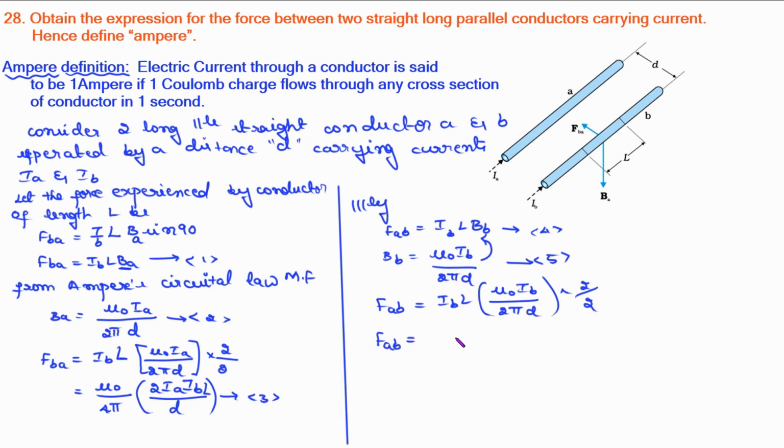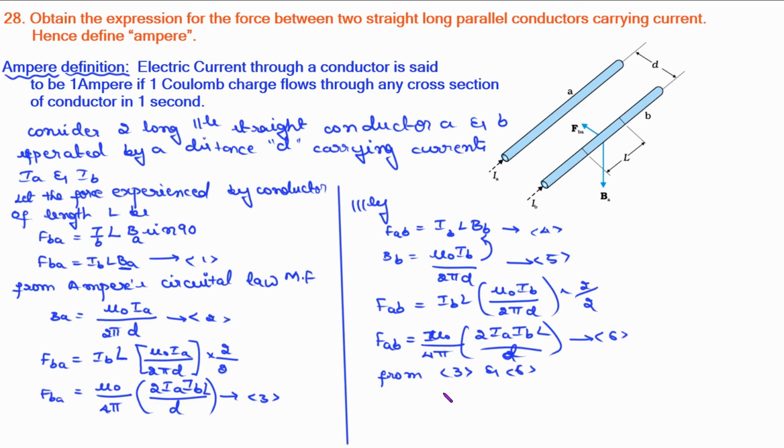FAB is equal to mu naught divided by 4 pi 2 IA IB L divided by D. Okay, now from equations 3 and 6, here also see, FBA is equal to mu naught by 4 pi 2 IA IB L by D has come. Here also 2 IA IB L divided by D has come. So both are same.